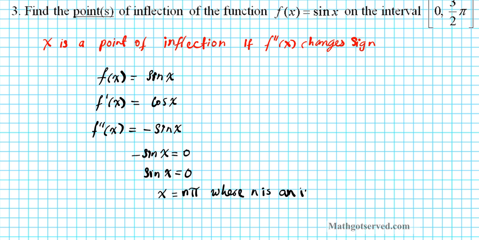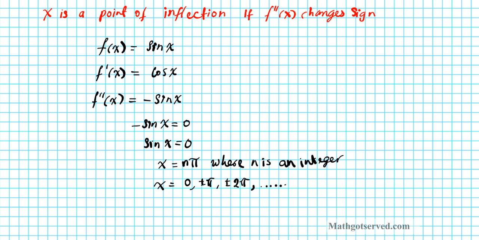Another way you can write this is x equals 0, plus or minus pi, plus or minus 2 pi, and then the pattern goes on and on. But you can clearly see that from 0 to 3 pi over 2, or 1.5 pi, only 0 and pi are solutions. So x is equal to 0 and pi on the interval 0 to 3 pi over 2.